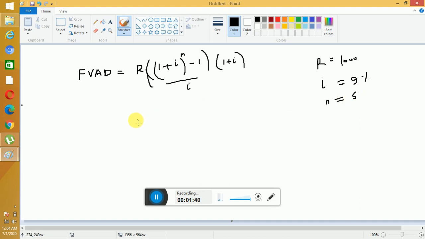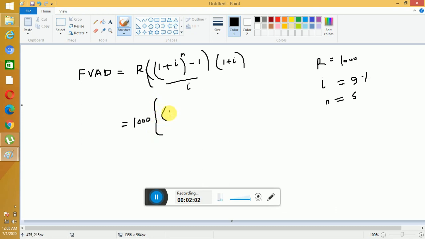Now what will we do? We will just put these values in to calculate the future value of annuity due. R is 1000. I will just put the values, you will make the calculation yourself.